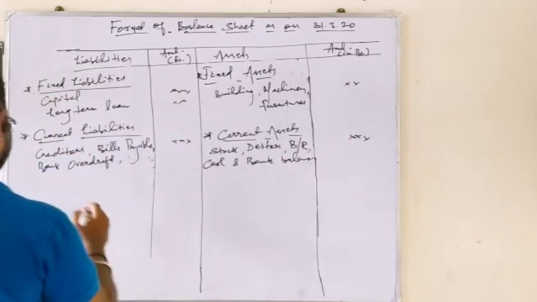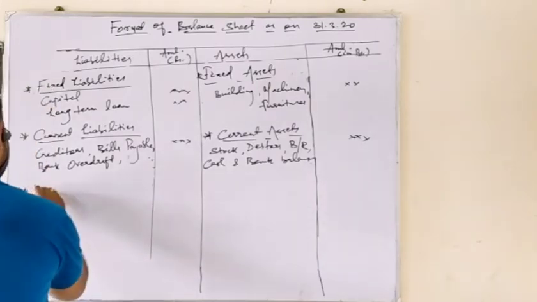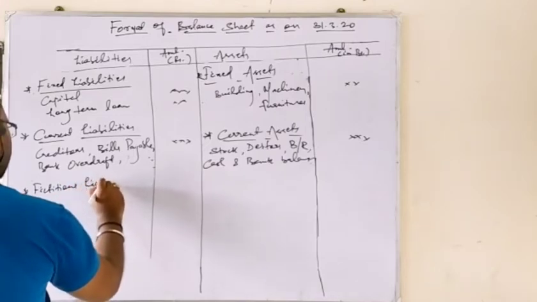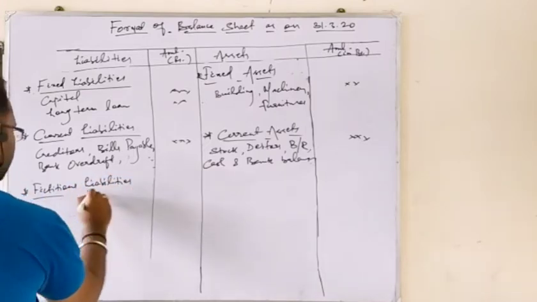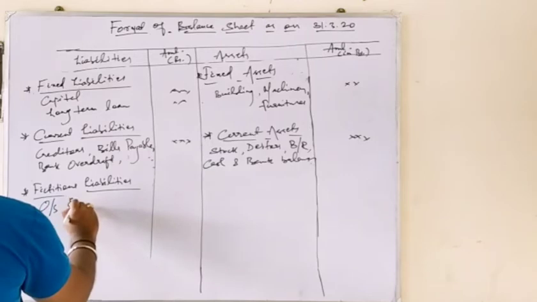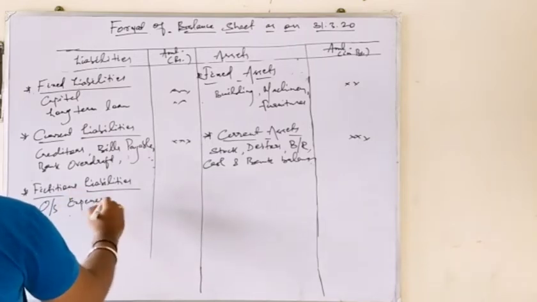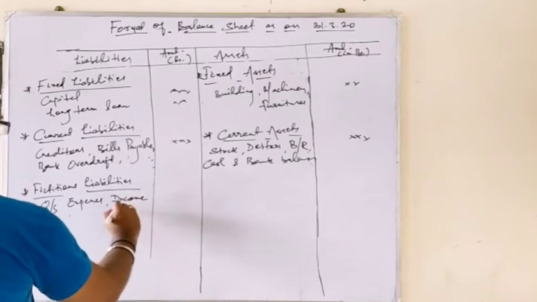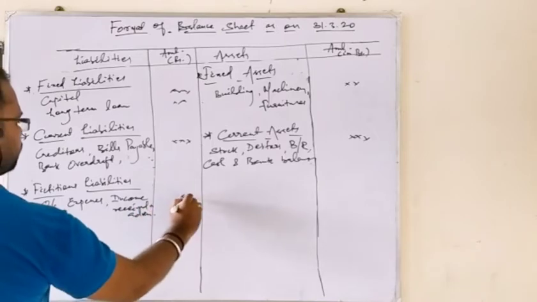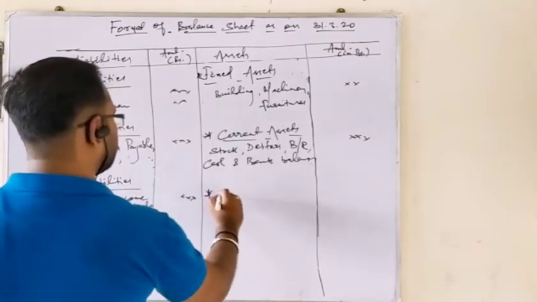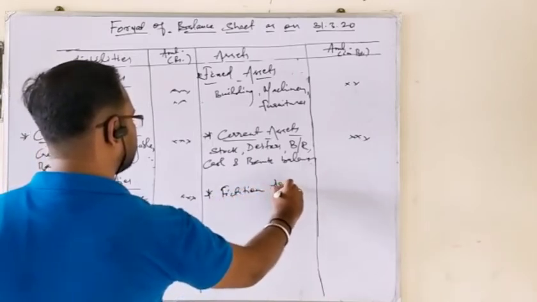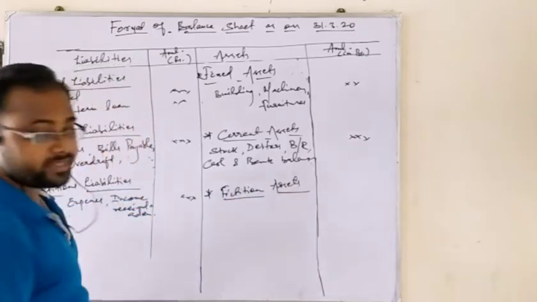Okay. Then we have discussed the fictitious liabilities. Liabilities are the liabilities like outstanding expenses, then income received in advance, and here the fictitious assets are, what are the fictitious assets?